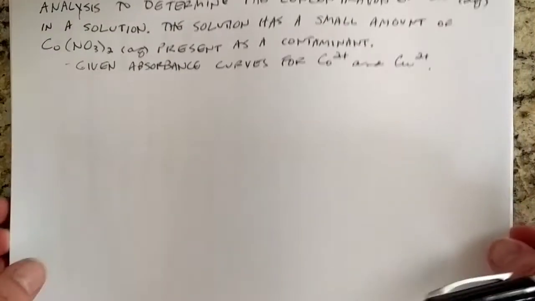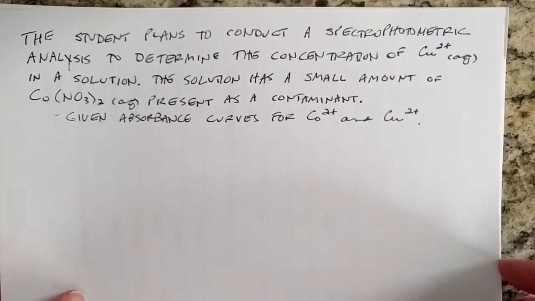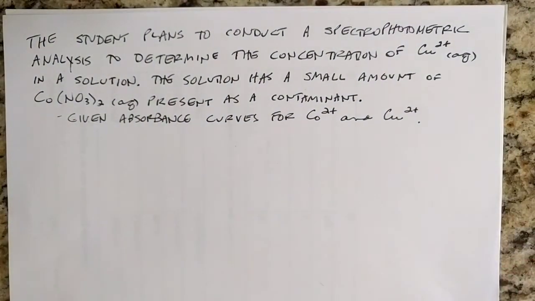Now, it says, for our next part, the student plans to conduct a spectrophotometric analysis to determine the concentration of Cu2+ aqueous in a solution. The solution has a small amount of cobalt(II) nitrate present as a contaminant.